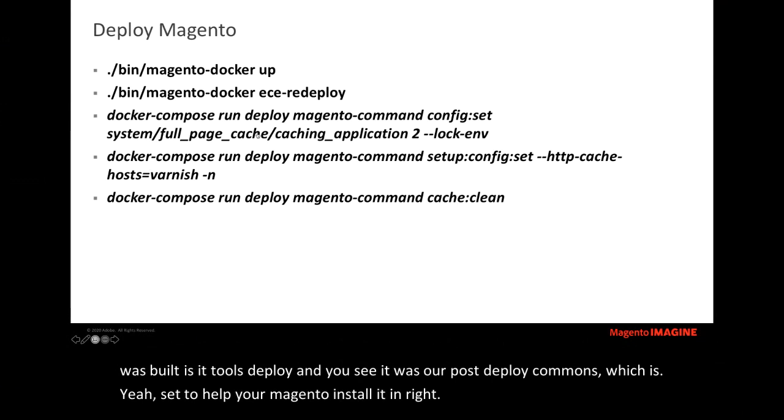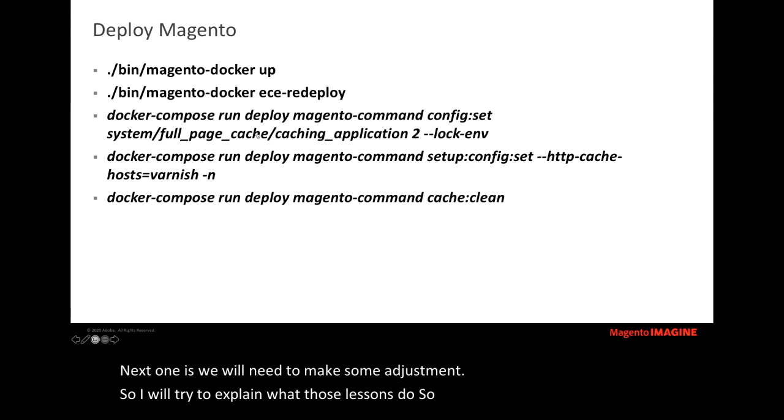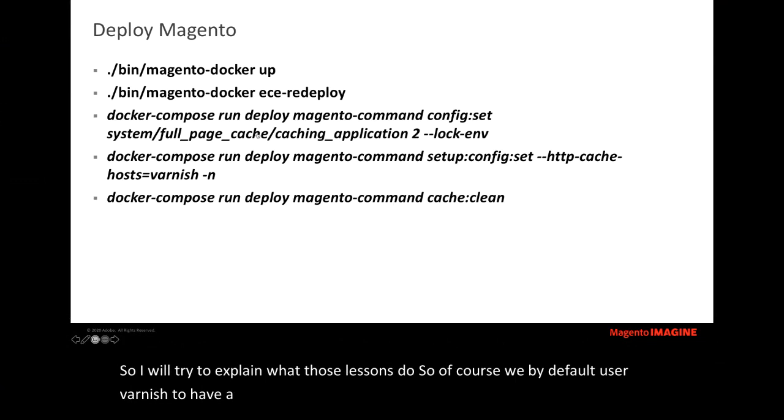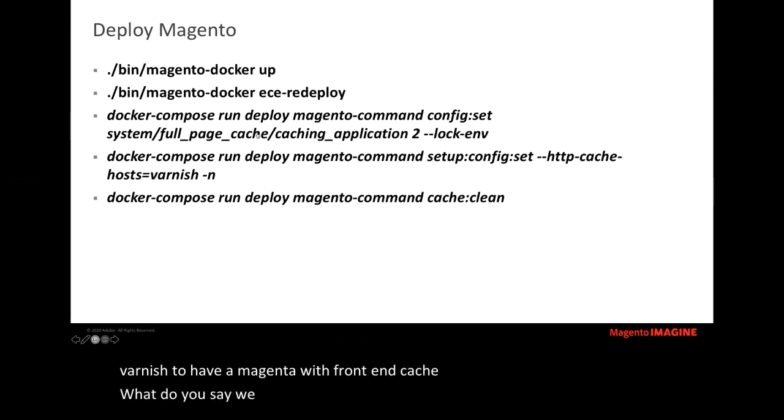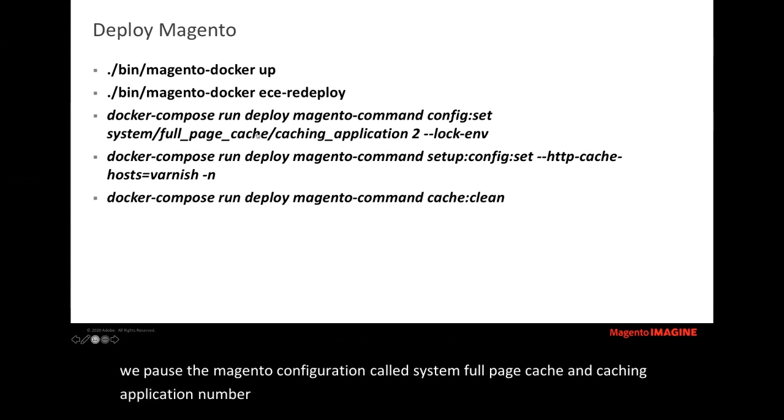Next, we will need to make some adjustments, and I will try to explain what those things do. By default, we use Varnish to have Magento with front-end cache. In the Docker Compose file, in the deploy container, we pass the Magento configuration system full page cache caching application 2, which says to use Varnish.